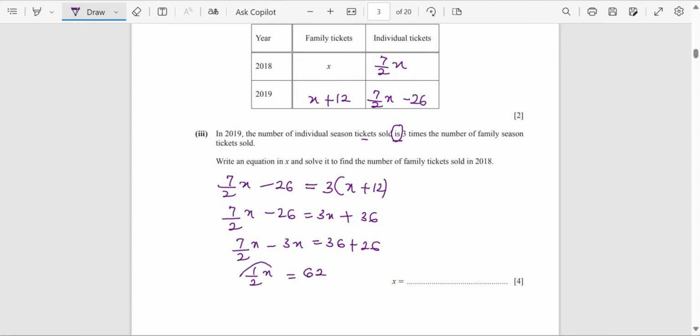So this can also be written as 0.5x. You can divide through by 0.5, or you can multiply through by 2. It depends on what you want to do. You would arrive at the same answer. So I'm going to divide this by 0.5, and x would give me 124. So the answer here is 124.